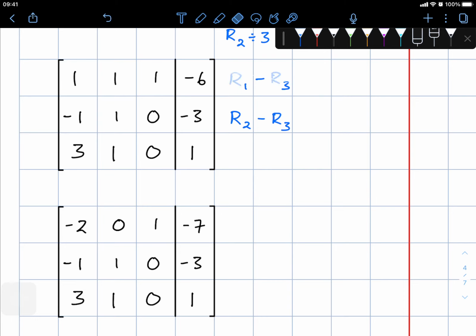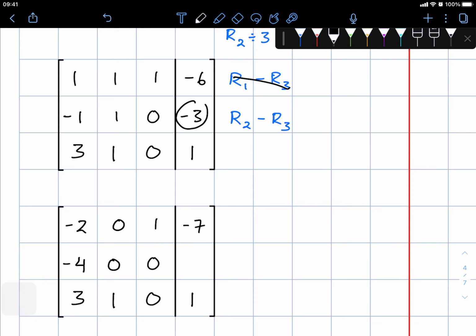We're finished with this calculation. Let's now move on to this one here. -1 take away 3, it's going to be -4. 1 take away 1, it's going to be 0.